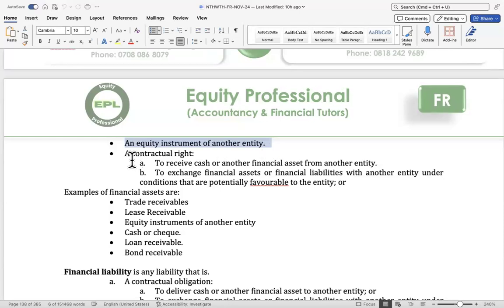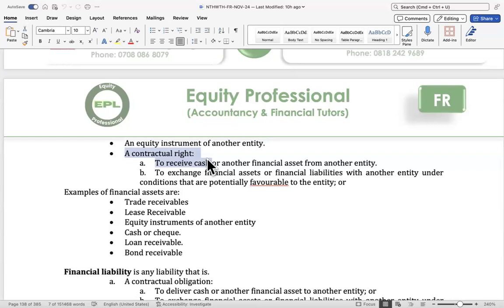Then thirdly, it is a contractual right to receive cash. I'll stop there for now. Contractual right to receive cash. And this contractual right to receive cash is where the investor has invested in debt.